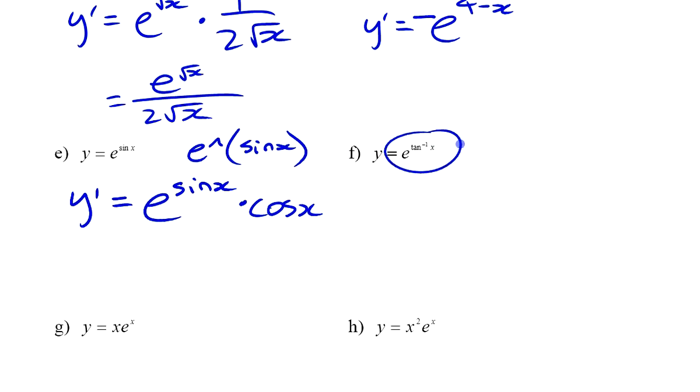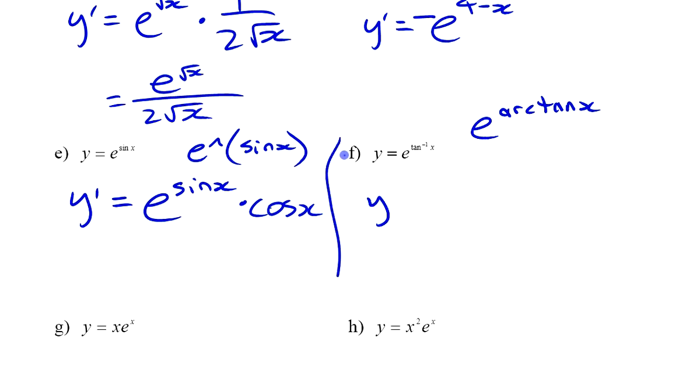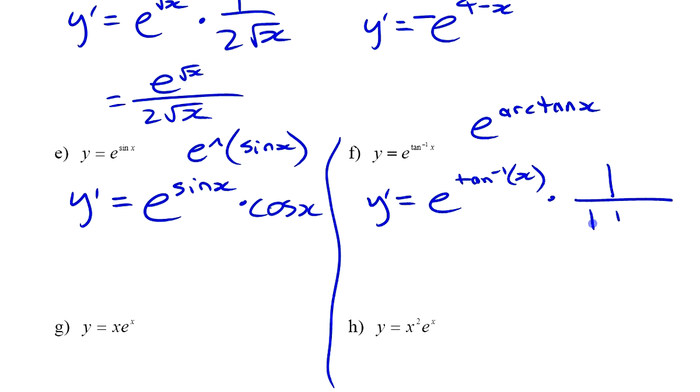E to the tan inverse x, which is also the same as e to the arctan x, whichever notation you like to use. Same thing here. Let's put a line down here. That derivative is going to be e to the tan inverse of x times the derivative of tan inverse, which is 1 over 1 plus x squared.